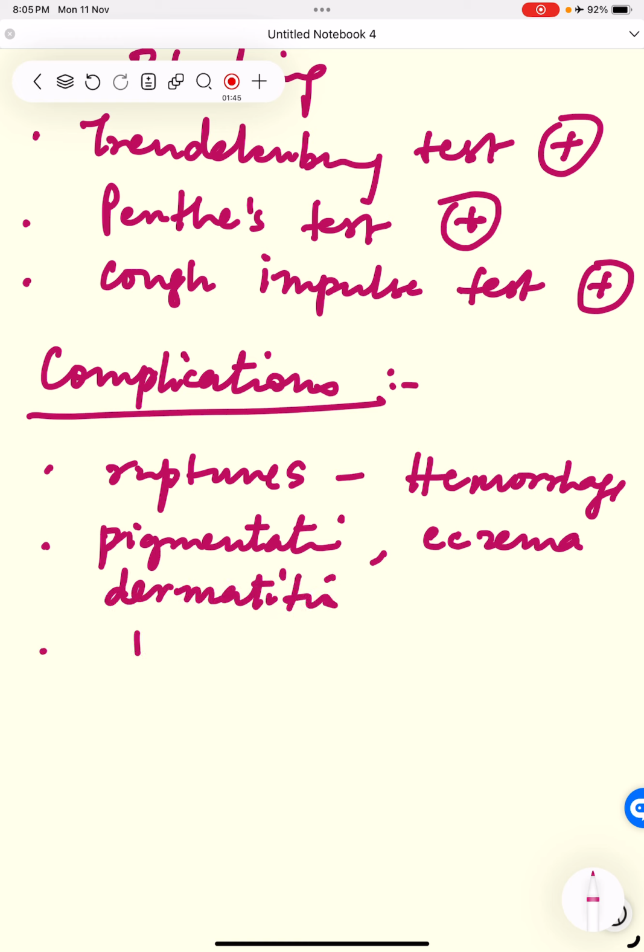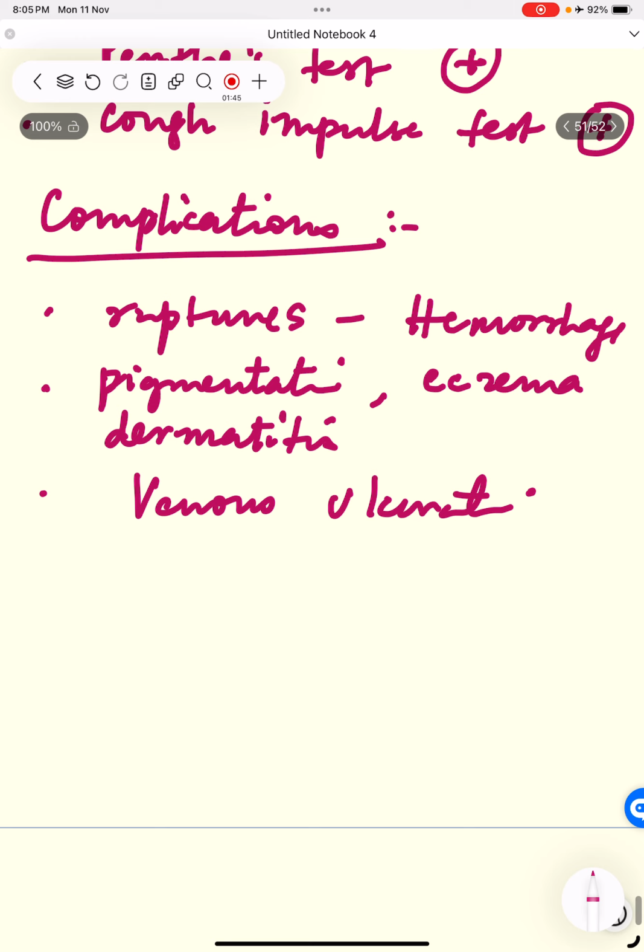Patient can have venous ulceration of the skin. Now, in case the scar of the ulcer is unstable, the patient can develop squamous cell carcinoma. That is called Marjolin's ulcer.